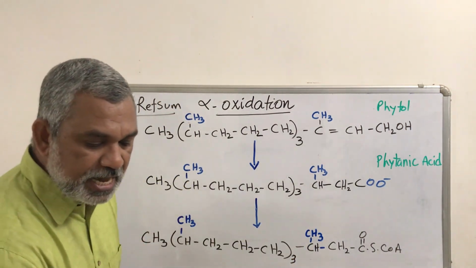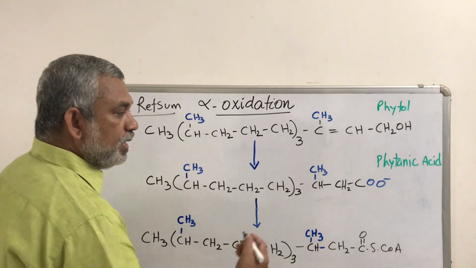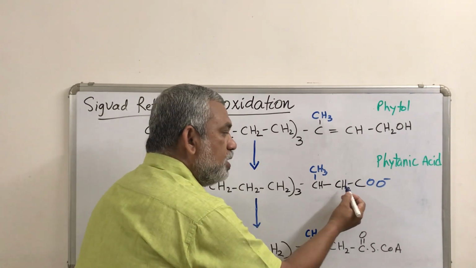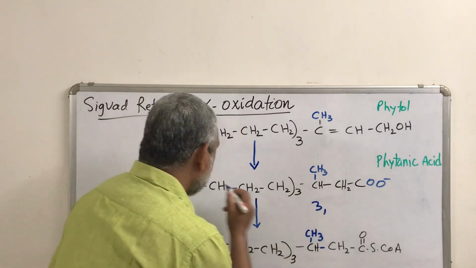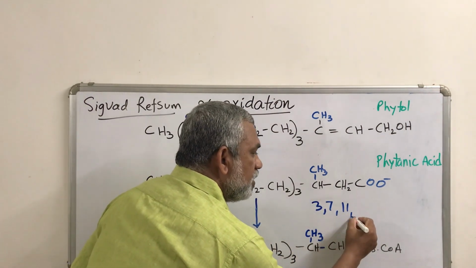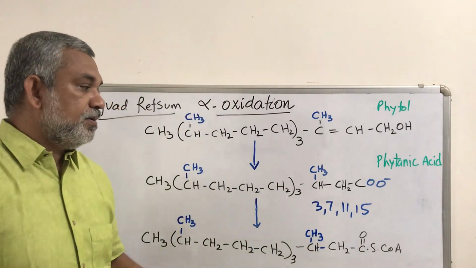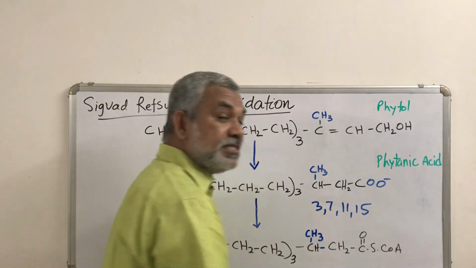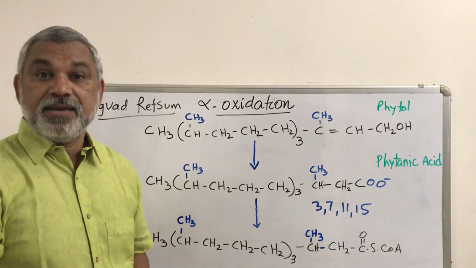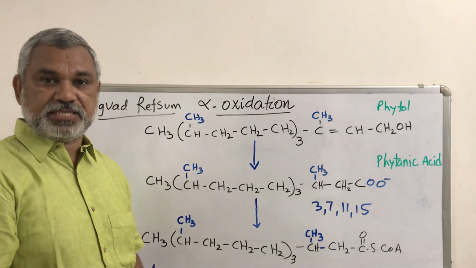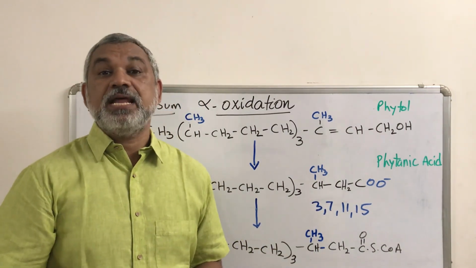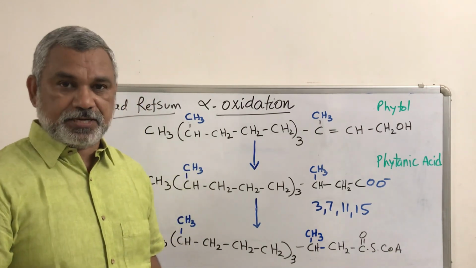If you number the carbon atoms from here, 1, 2, 3, and at 3, 7, 11, 15 there are methyl groups, so it is 3, 7, 11, 15 tetramethyl hexadecanoic acid.